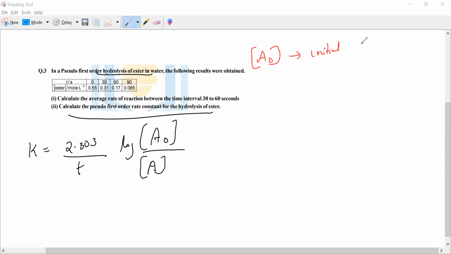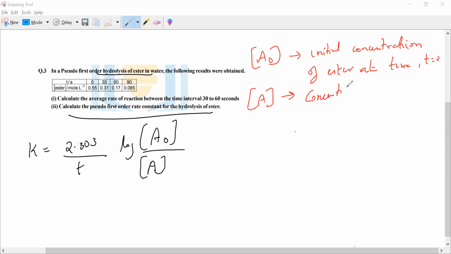Initial concentration, the concentration of ester at time t is equal to 0. And what is my a here? Concentration of ester at time t, concentration of ester at a particular time.